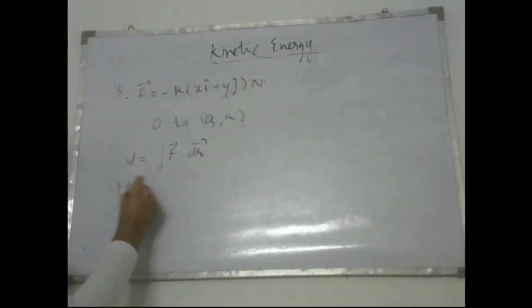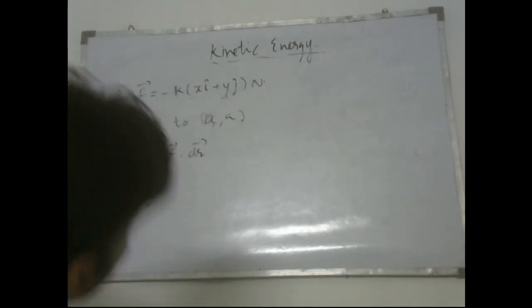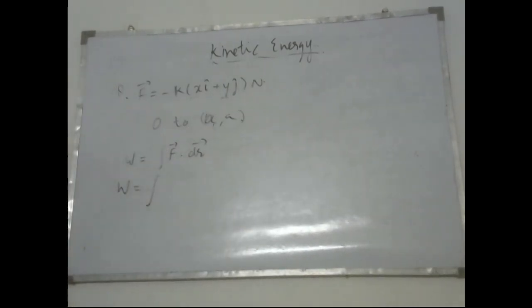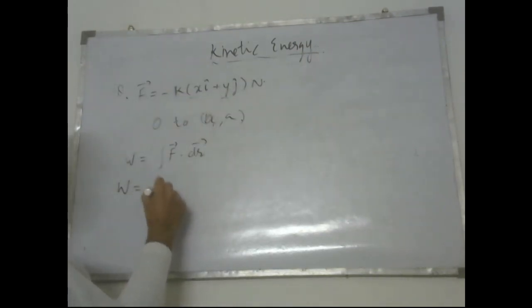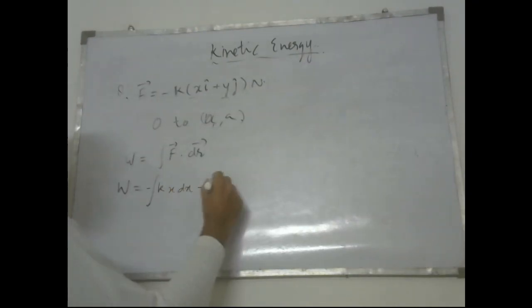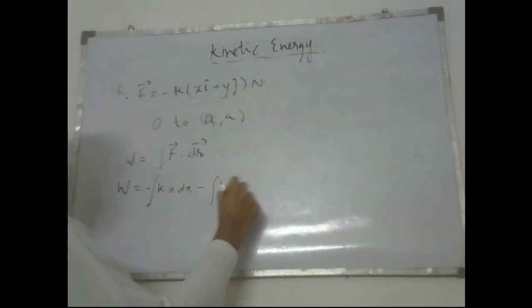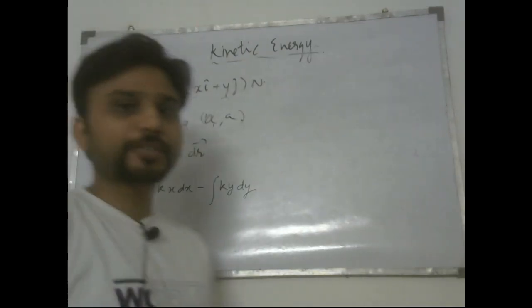So this can be written as Fx dx, that would be minus kx dx minus ky dy. This would be our expression, right?